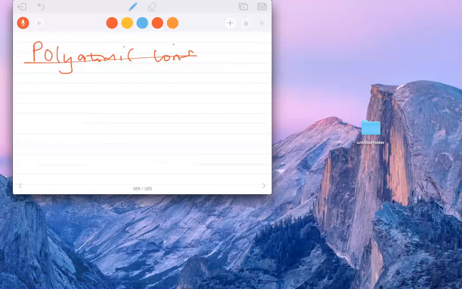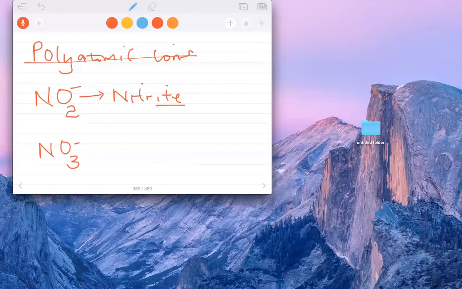For example, this one is a polyatomic ion, and this one is a polyatomic ion. You don't name them the same way. If you go back to the polyatomic ion table, this is named nitrite, ITE, and this is nitrate, ATE.